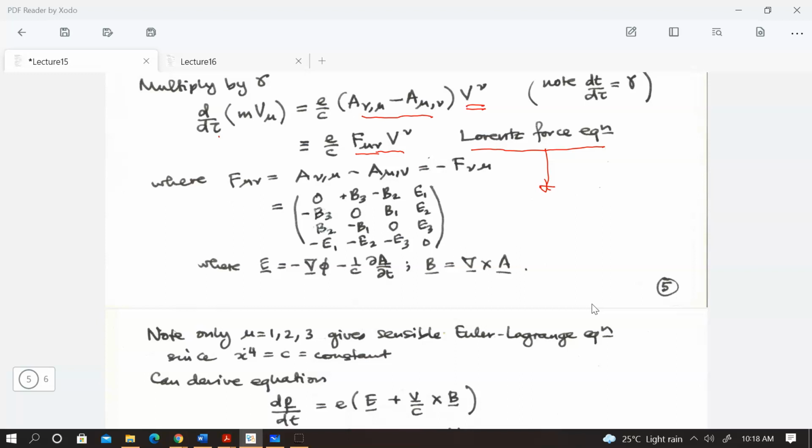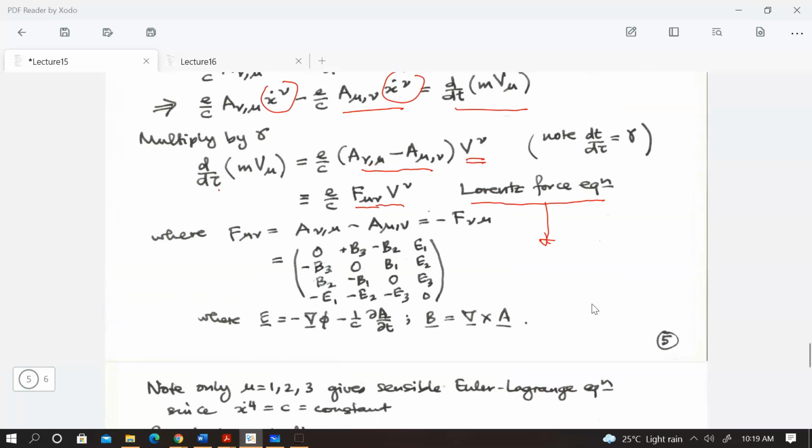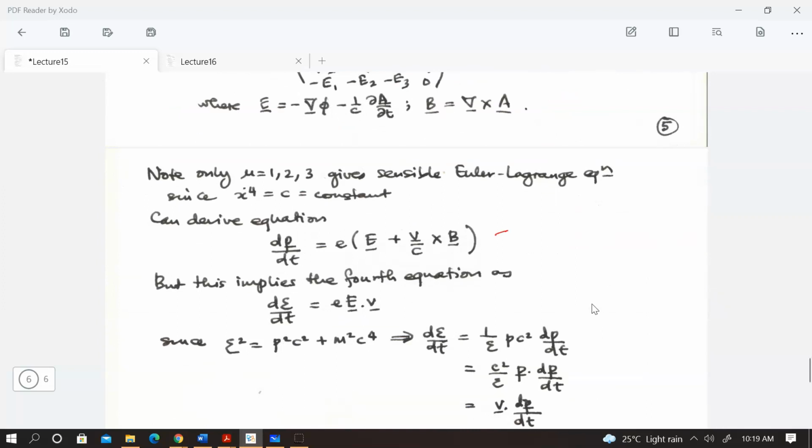So finally, one could reduce this equation, by evaluating each component to this equation, which is the thing that we have recognized as your Lorentz force equation.